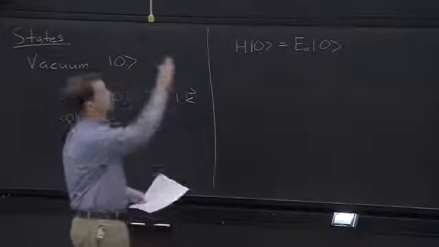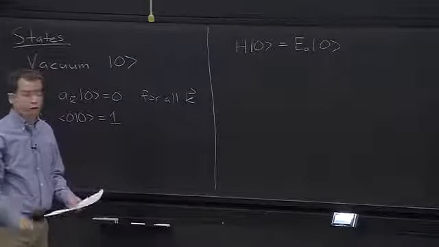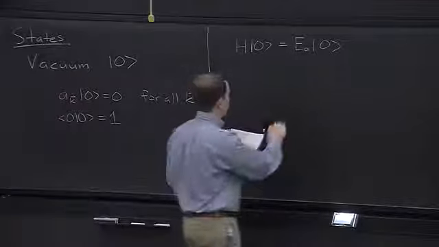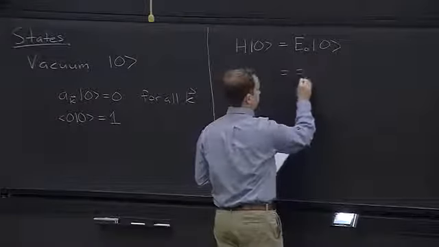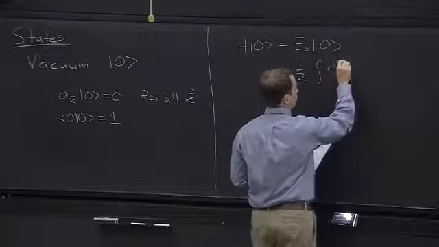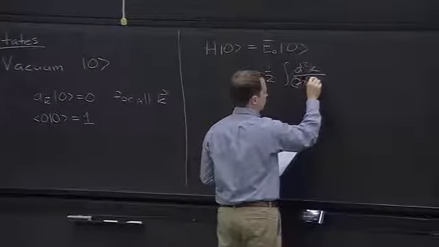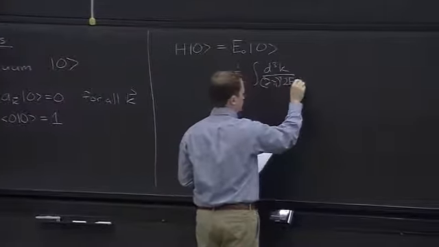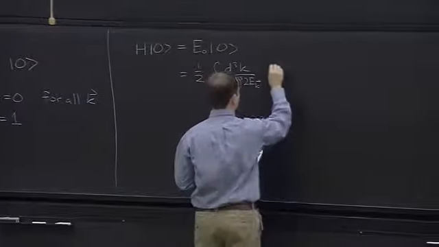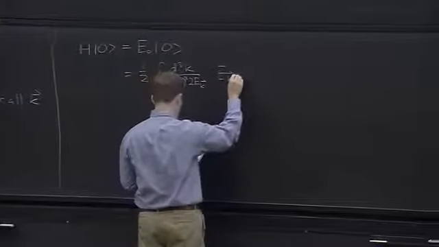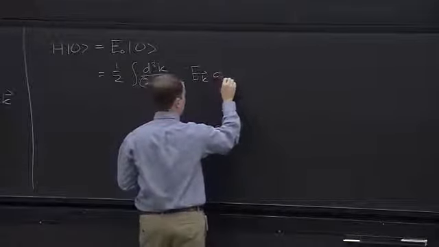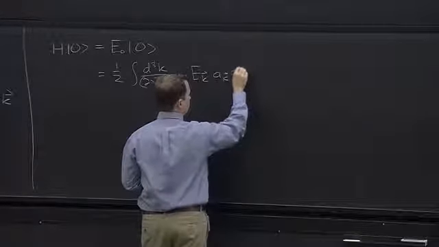And using this Hamiltonian operator that you'll derive for yourself in tutorial, you can write this as a half the integral of the Lorentz invariant measure, a_k dagger a_k.